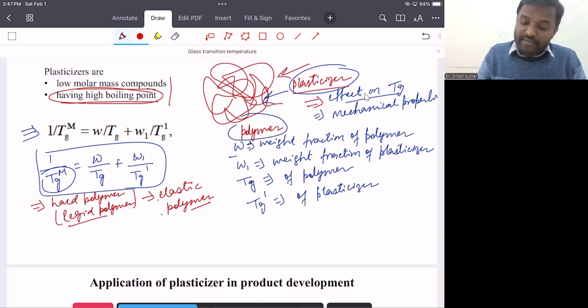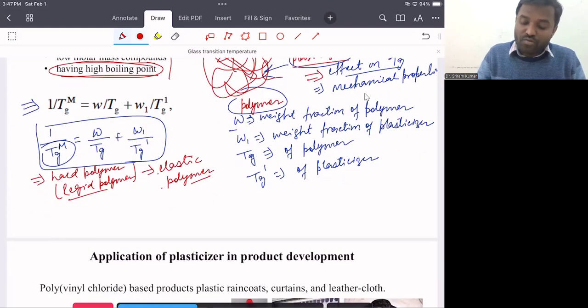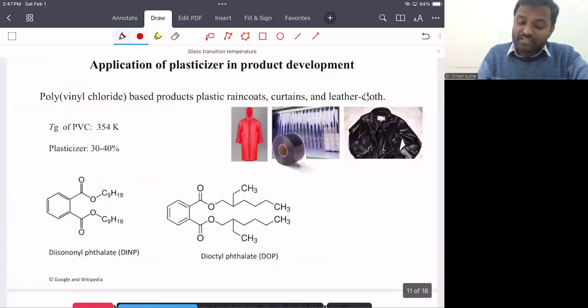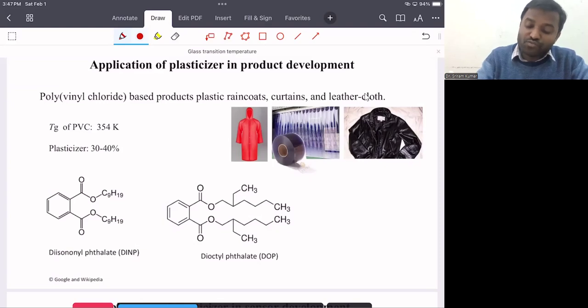Now let's understand with an example how plasticizer changes the elastic nature of the polymer and how that is used in product development. For example, we use this kind of material in a raincoat, maybe the curtain and maybe this jacket kind of things.